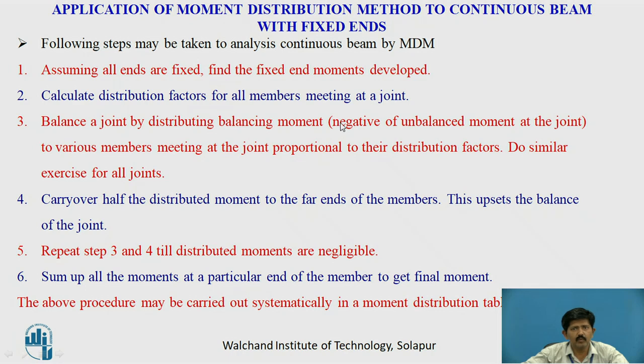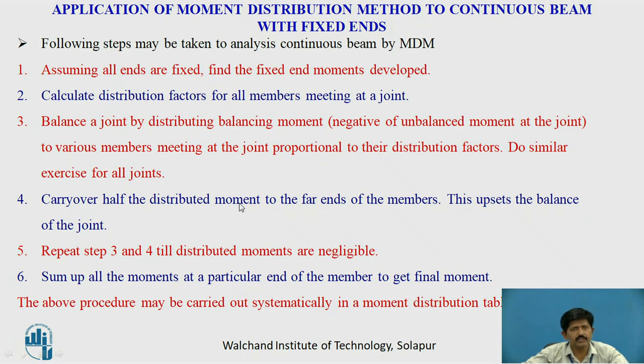The balancing moment is to be distributed with the negative value at the joint to the various members meeting at the joint, proportional to their distribution factors. This exercise should be carried out for all the joints.